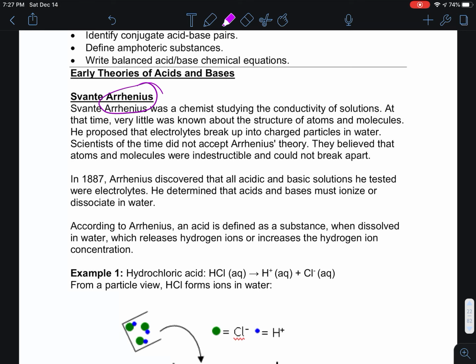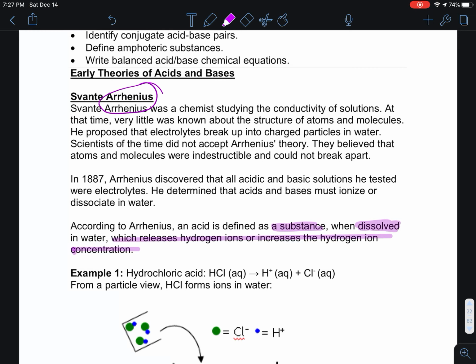So the Arrhenius definition was simply that an acid was defined as any substance that when dissolved in water, so notice that it is water-based, releases hydrogen ions or increases the hydrogen ion concentration. So this is not that far away from the definition we've been using so far.